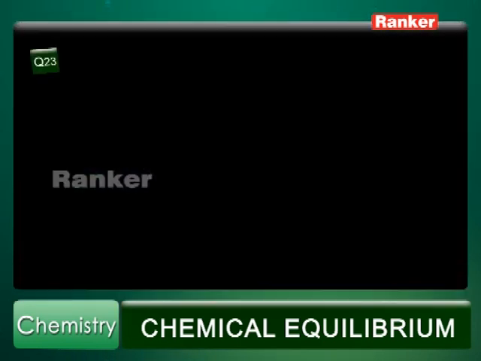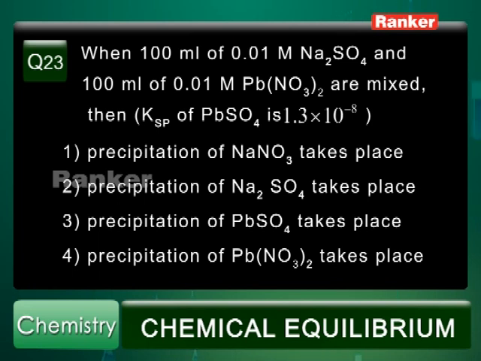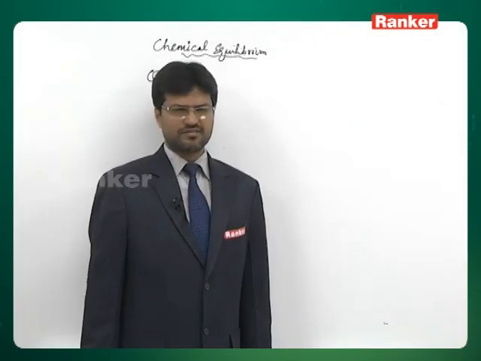Question number 23. When 100 ml of 0.01 M sodium sulfate and 100 ml of 0.01 M lead nitrate are mixed, then Ksp of PbSO4 is given as 1.3 into 10 raised to minus 8. Now you need to find out whether precipitation takes place or not.